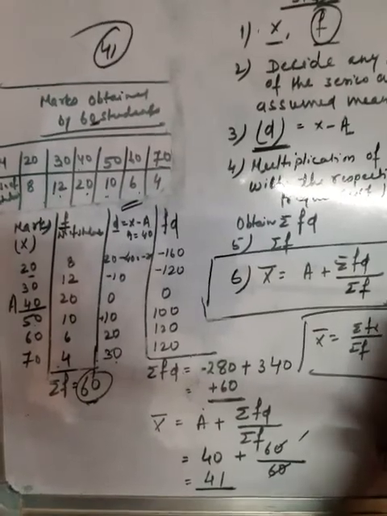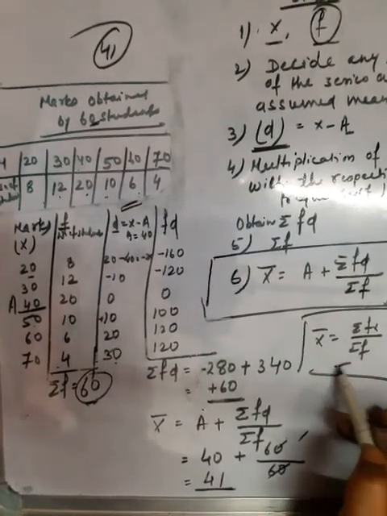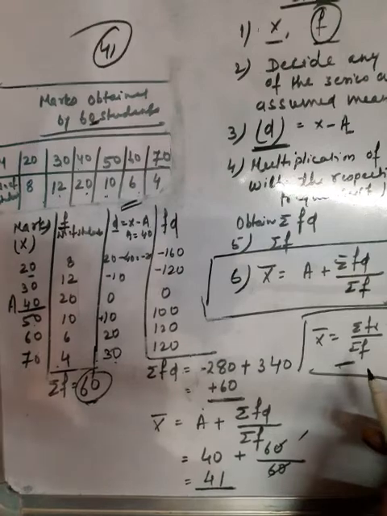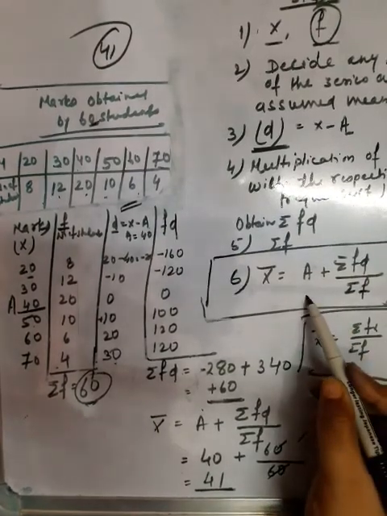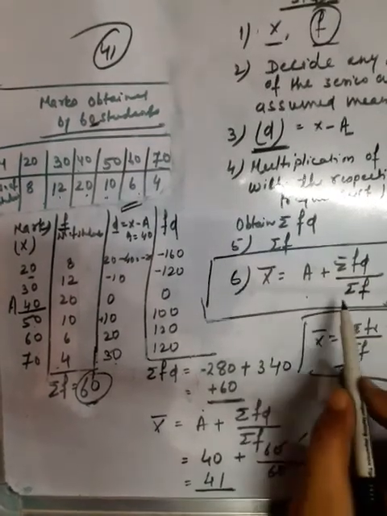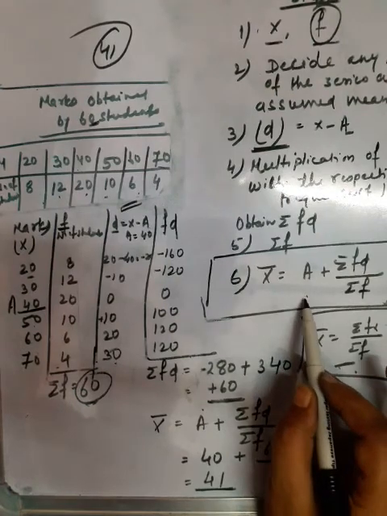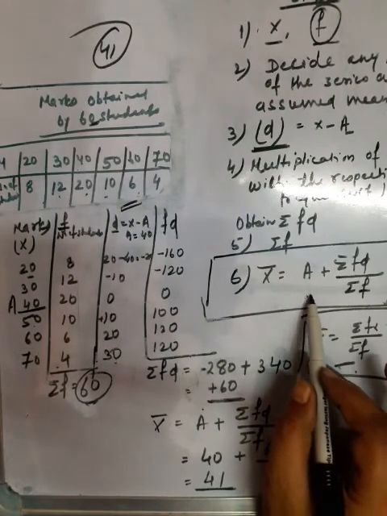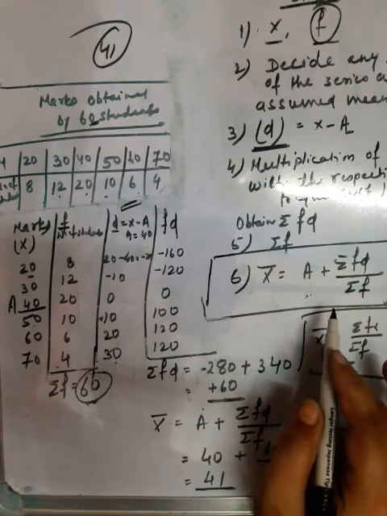You have to remember these two formulas. This formula is related to the direct method, this formula is related to the shortcut method. One more method used in a discrete series to calculate average is the step deviation method, which I will discuss in my next video.